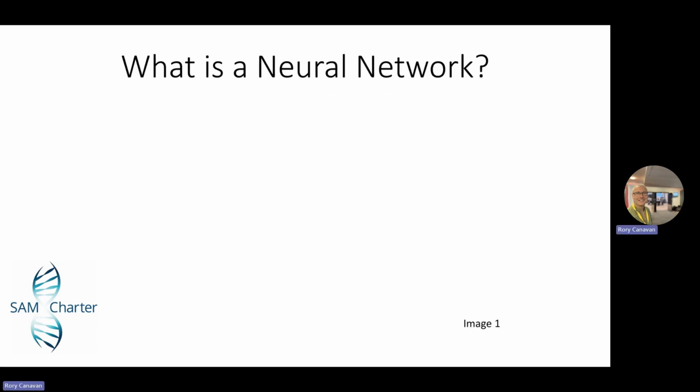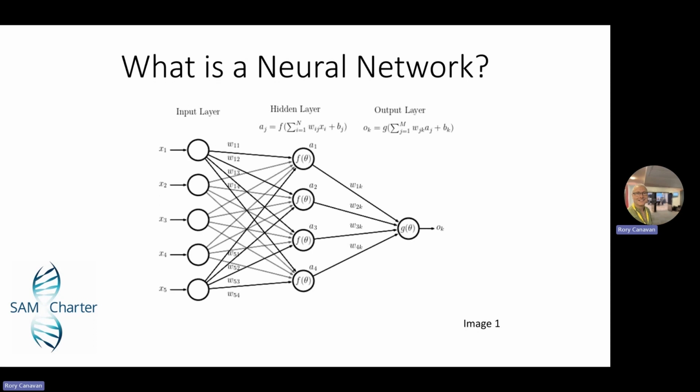So let's get this show on the road. What is a neural network? I appreciate you could look at this diagram for the first time, see all the statistical and mathematical notations and go, oh no, please. But it's not quite as complicated as all that mathematical notation.